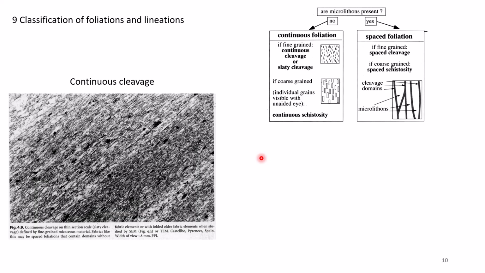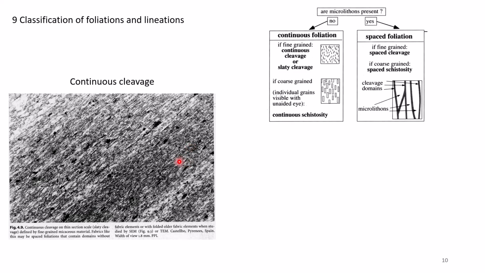In thin section, continuous cleavages might look like this. This is taken from Passchier and Trouw's textbook, which shows a number of very good examples of foliation types. The main characteristic of continuous cleavage is that we are looking at fine-grained rocks. The width of view in this image here is 1.8 millimeter.